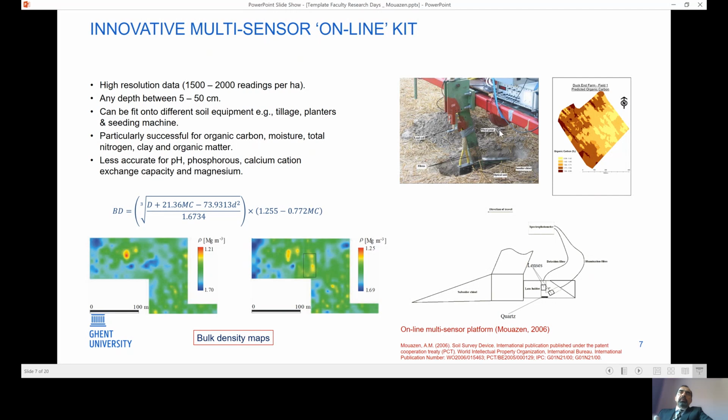This sensor can be put on a frame, and the frame can be put on the back of a tractor and can be driven at 3 to 5 kilometers per hour.